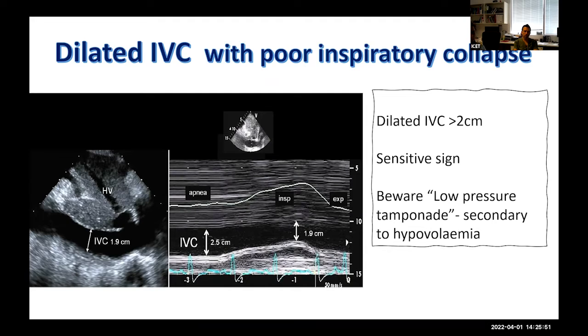If you have somebody who has low pressure tamponade, then the main problem is actually hypovolemia. Under those circumstances, you would expect a reasonably small IVC that collapses completely, say about 1.2 centimetres or thereabouts.